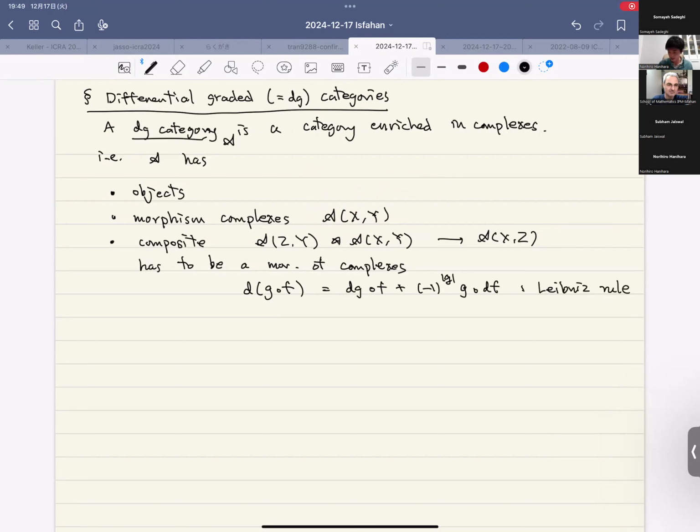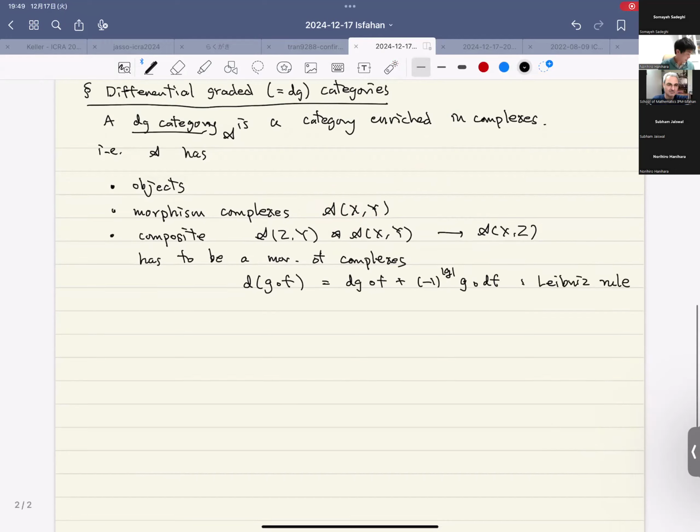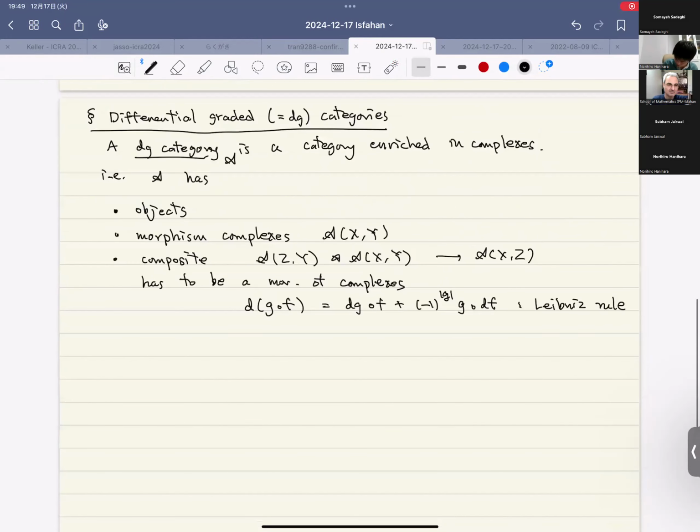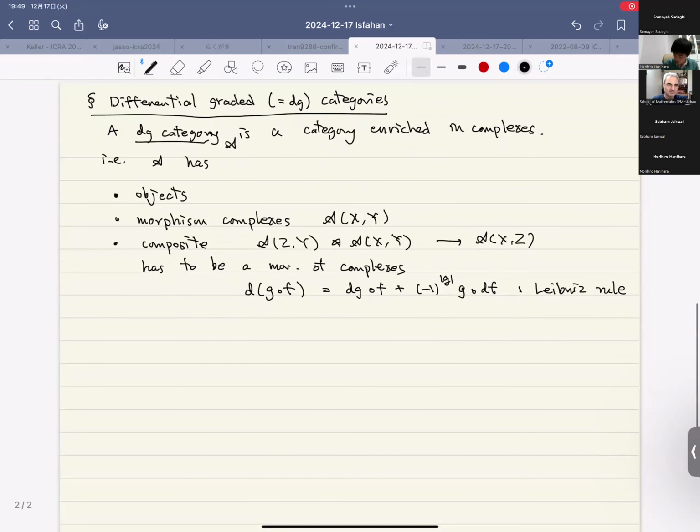Okay, so this is a DG category, and let me give one most fundamental example. If we have a base field K, denote by C_DG(K) the DG category of K vector spaces.